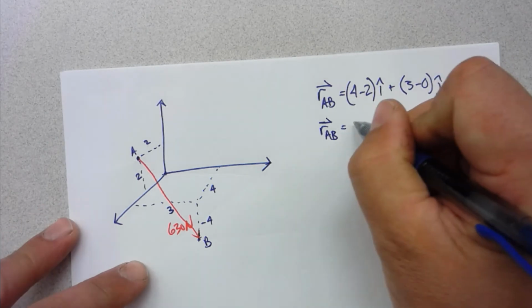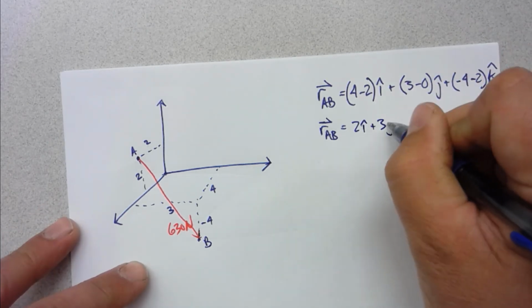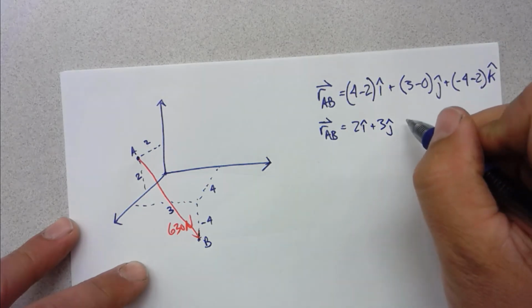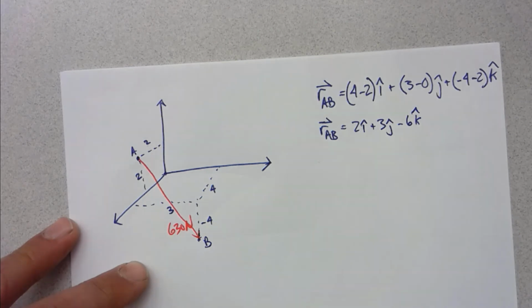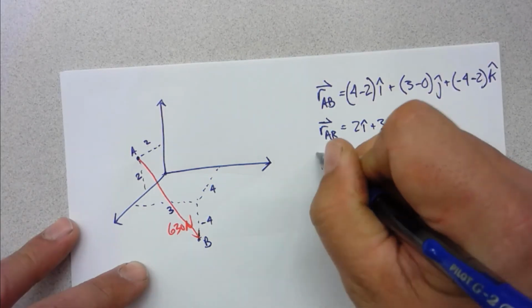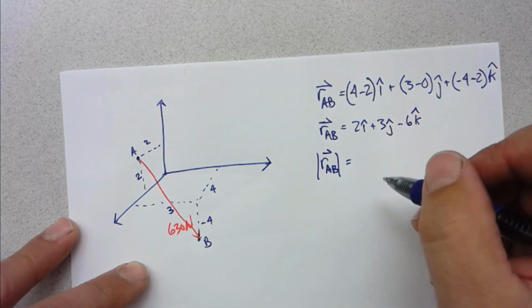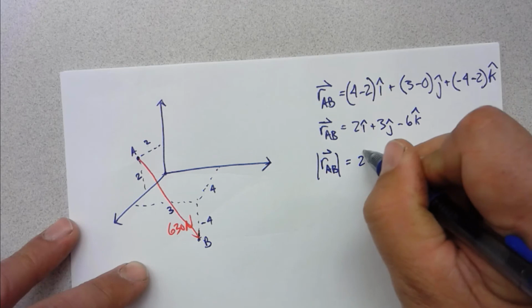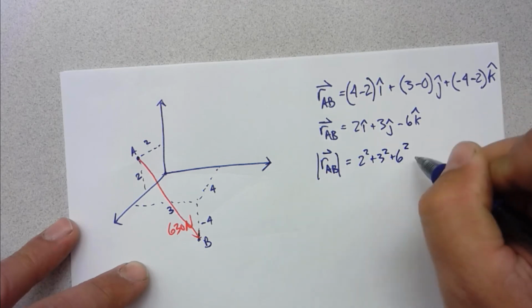This is going to be 2 i hat plus 3 j hat minus 6 k hat. So the magnitude of RAB, that's beautiful, 2 squared, 3 squared, 6 squared.